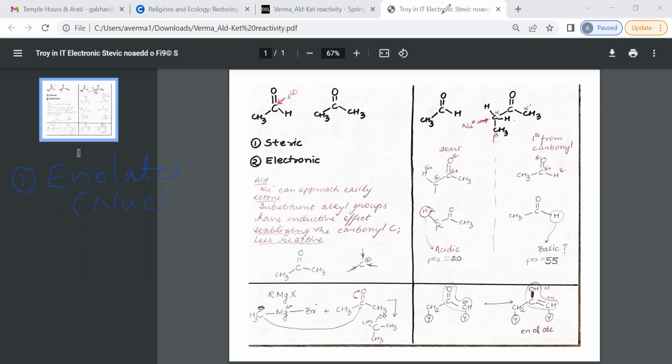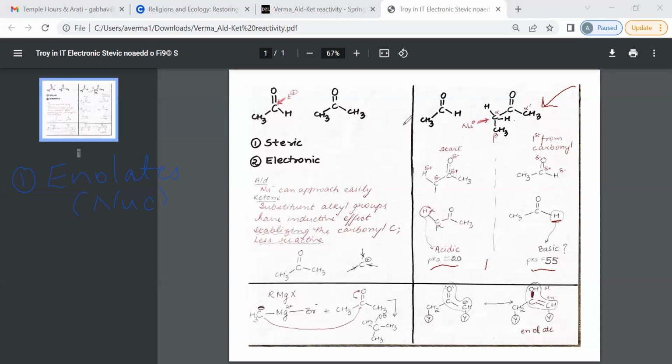Why the alpha hydrogen? So if you look at this particular part of the screen, the hydrogens on your alpha carbon have a pKa value of almost about 20. It is very close to those of alcohols. But if you look at the pKa value of the aldehyde's hydrogen, it is quite basic.